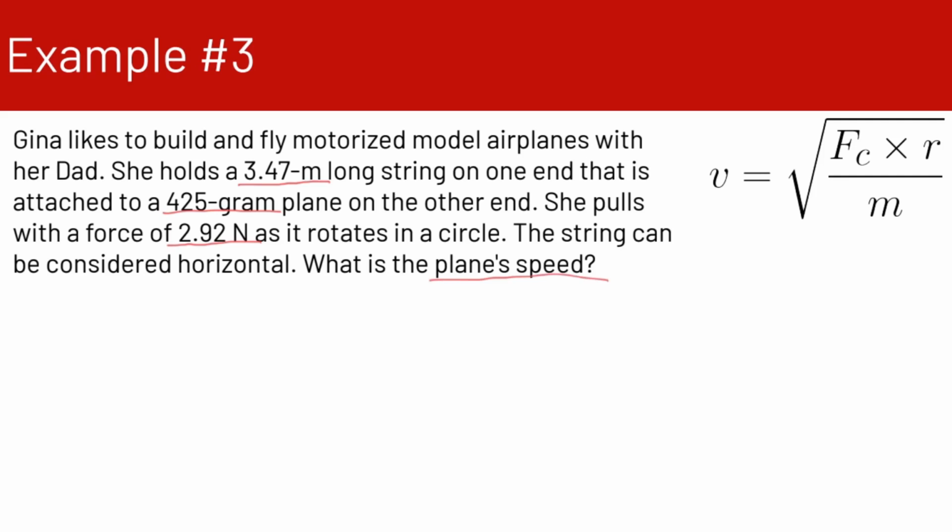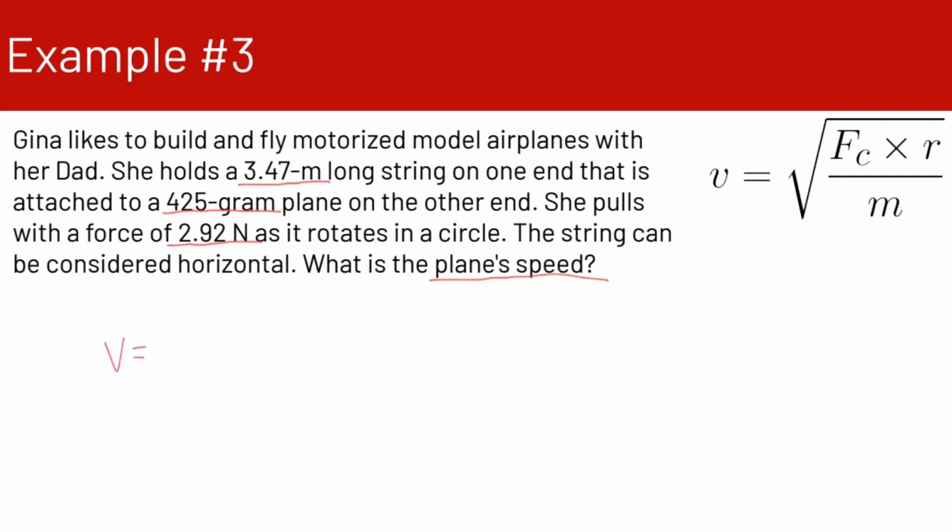So we're trying to figure out the velocity of the plane. Once we've solved our centripetal force equation for velocity, we have the square root of the force times the radius divided by mass. So let's look at all the information we have and what we need. We're looking for velocity.